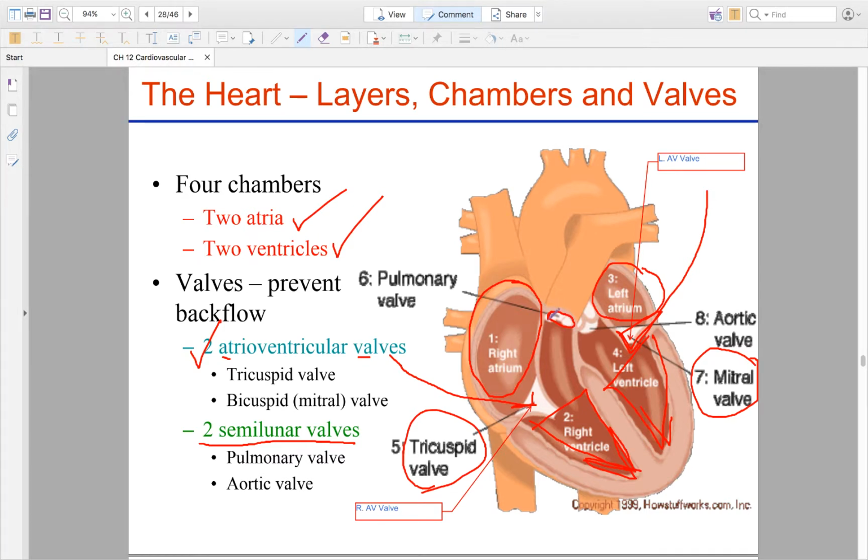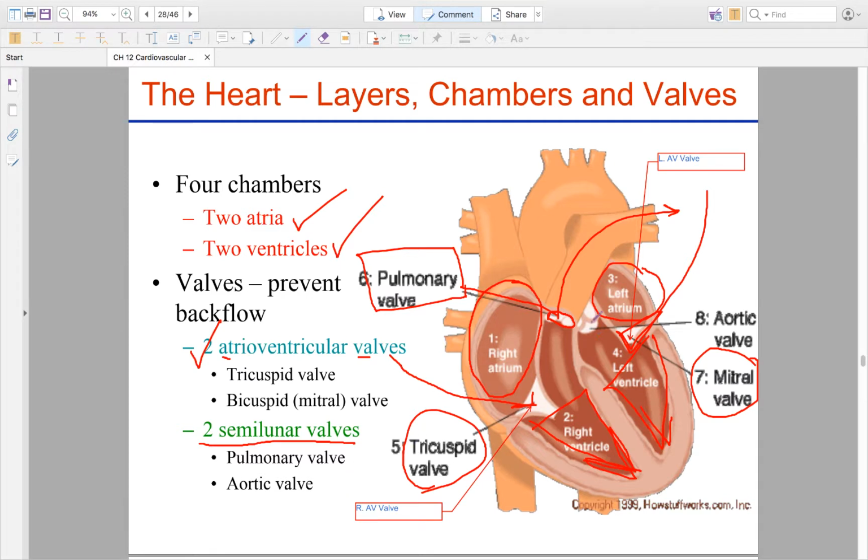That is one of the semilunar valves, and it's often referred to as the pulmonary valve. Pulmonary means lungs because this valve is going to eventually lead to the lungs. Then we have another semilunar valve called the aortic valve.